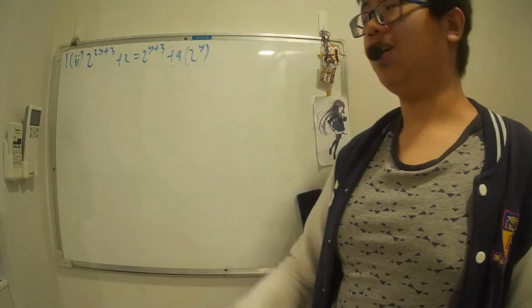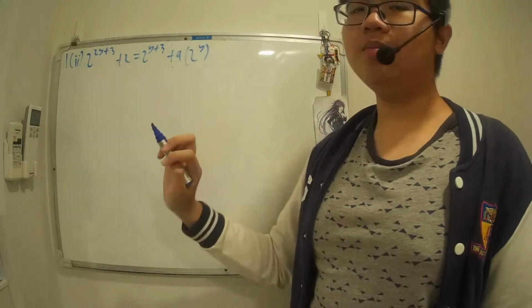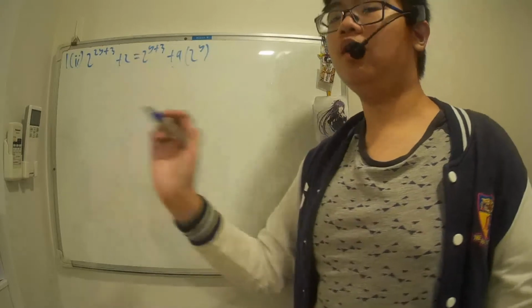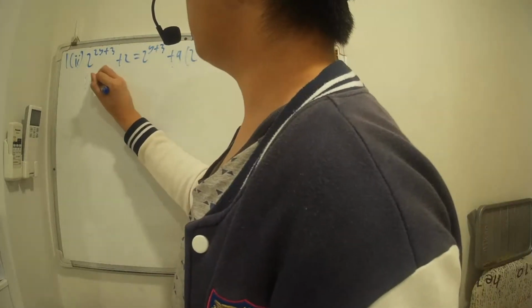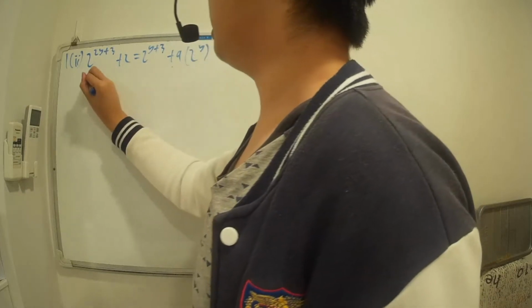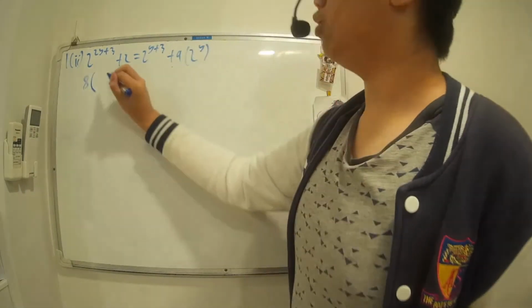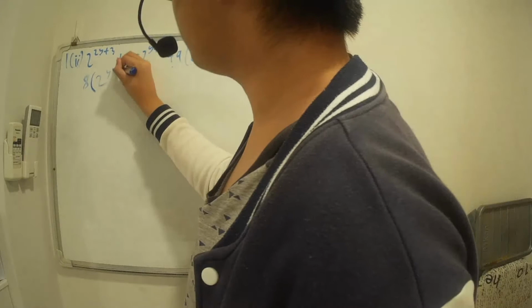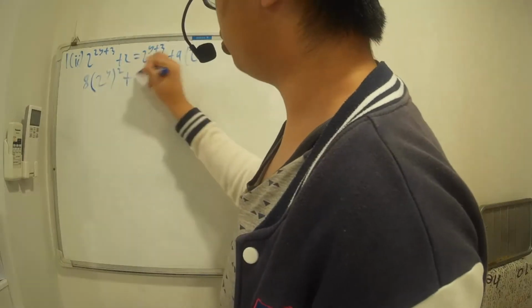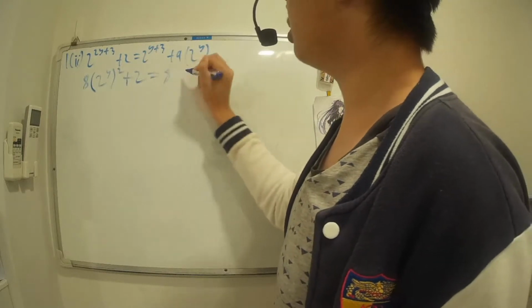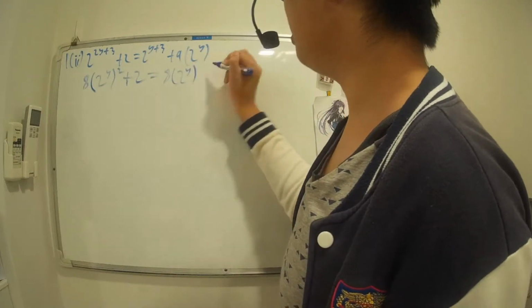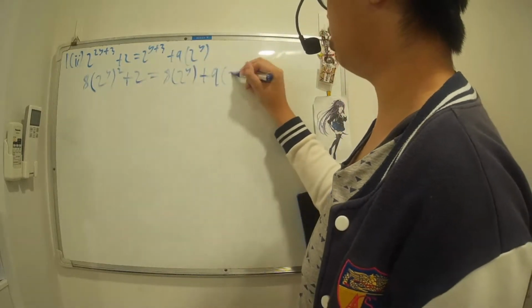So what am I going to do now? We're going to split the terms because I want to get things in 2 to the power of y and form a quadratic equation. I have 8 times 2 to the power of y squared, plus 2, equal to, once again I bring down an 8 times 2 to the power of y plus 9 times 2 to the power of y.